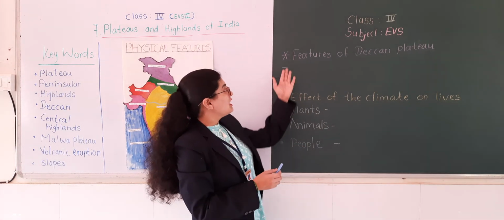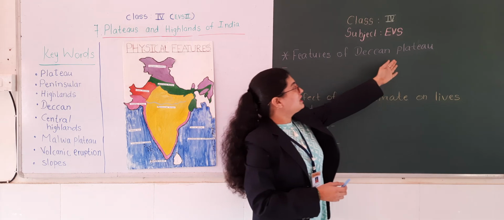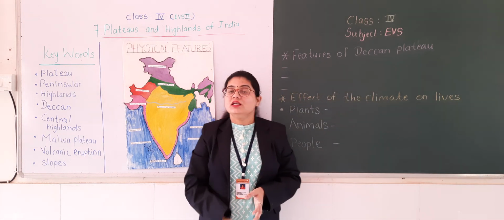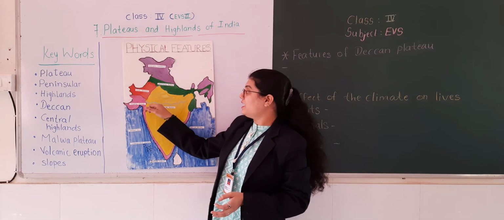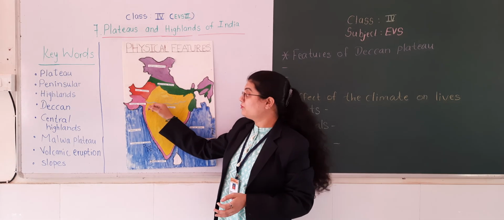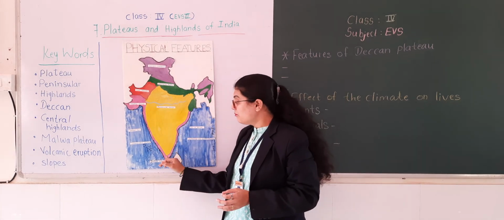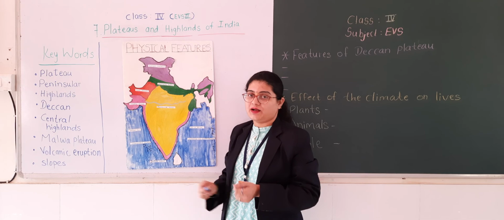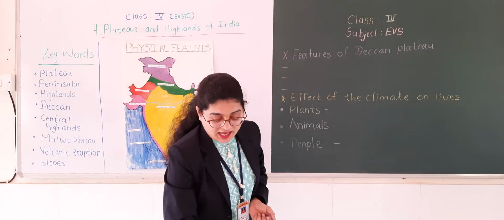So here we have the features of the Deccan Plateau. The Deccan Plateau extends from the Satpura range to the southern tip of India. Okay, where does this lie?